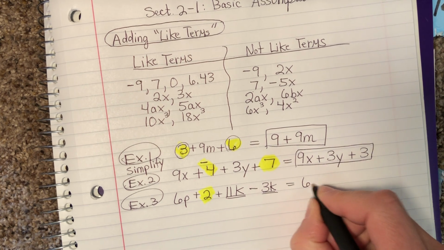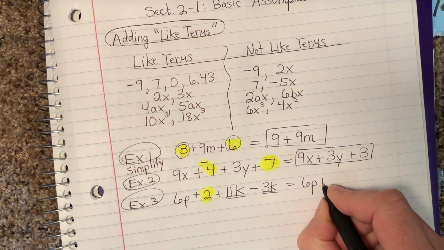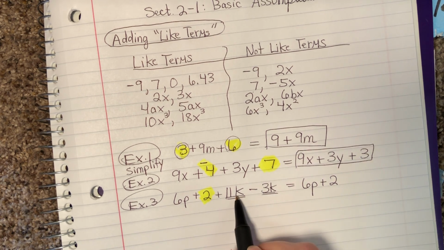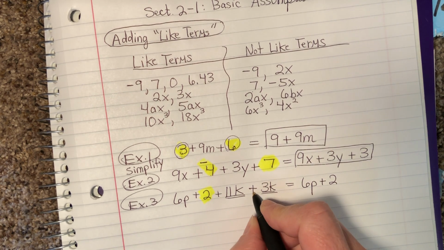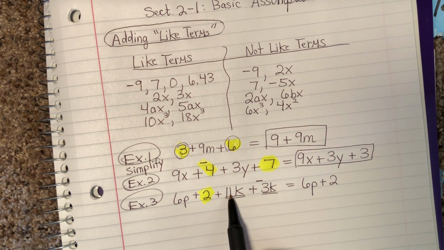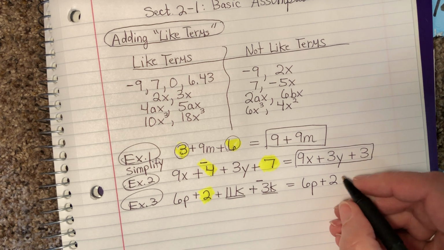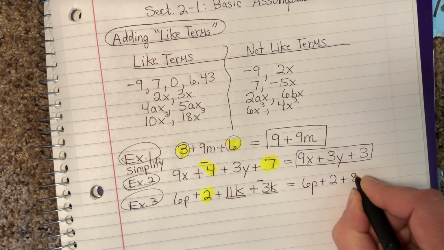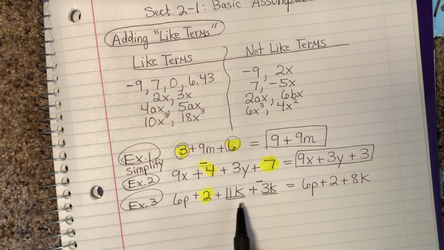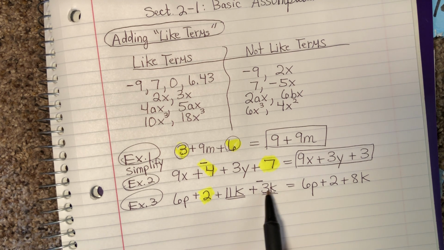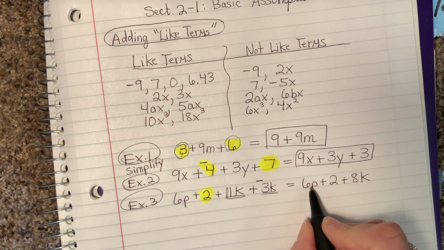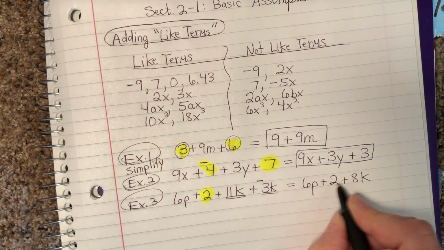So the p term is just by itself, the number is by itself, but the two k terms can add, and I'm going to keep, change, change. So when you add like terms, it's the number in the front that you're going to add. 11 plus negative 3 is 8 k's. Kind of like a k is like an object. You have 11 k's, and then you take 3 k's away. That's going to leave you with 8 k's. None of these can add to each other because they're all different.